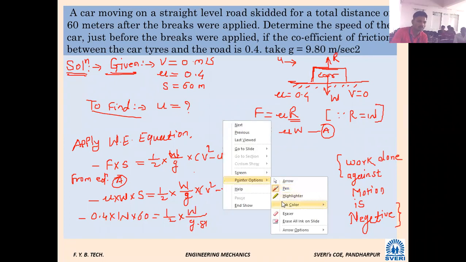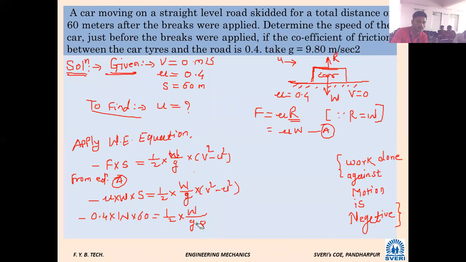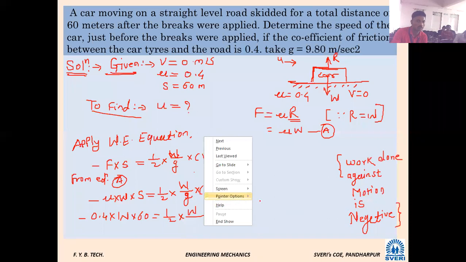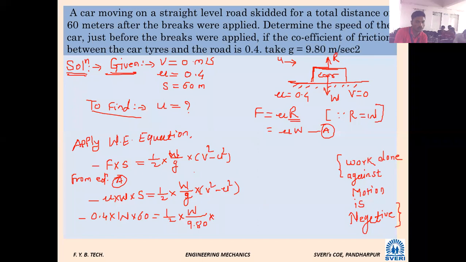Take 9.80. So 9.80 into V square, which is 0, minus U square. From this, calculate U. You do the calculation and tell me the value.